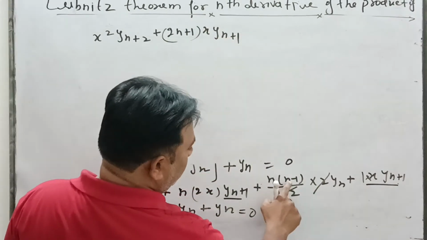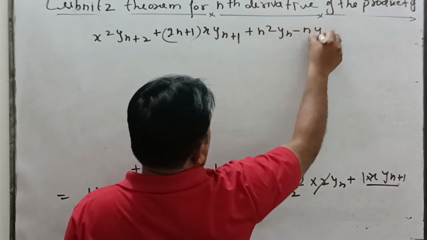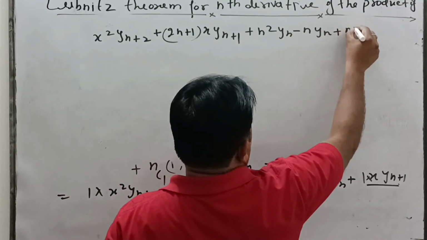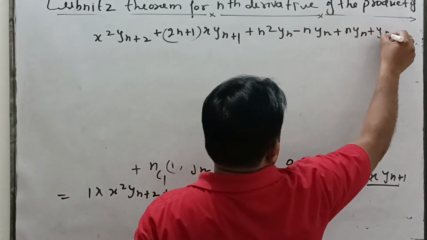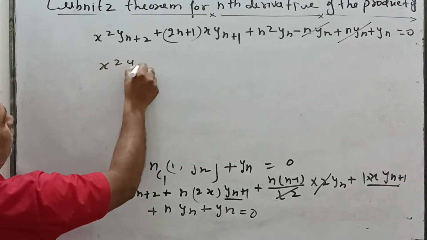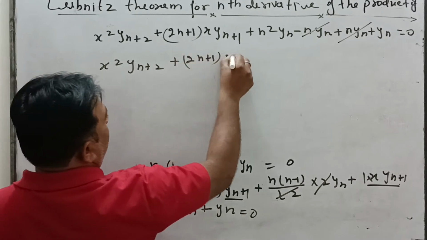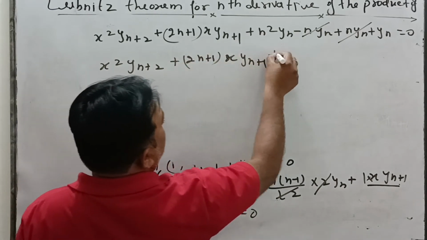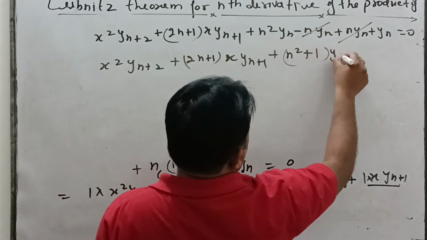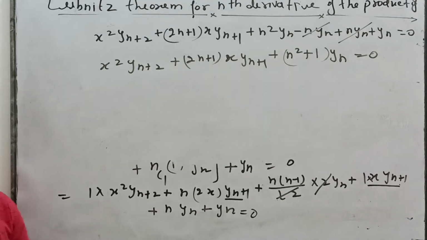Now again multiply this, plus n square y n minus n y n, and plus n y n equal to 0. Cancel out of this: x square y n plus 2, plus (2n plus 1) x y n plus 1, plus (n square plus 1) y n equal to 0. This is the answer of this question. Please make a note.